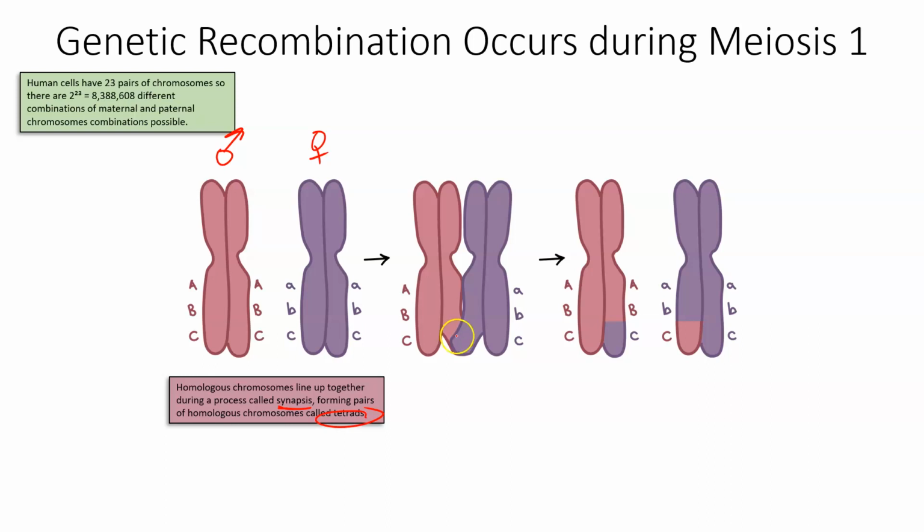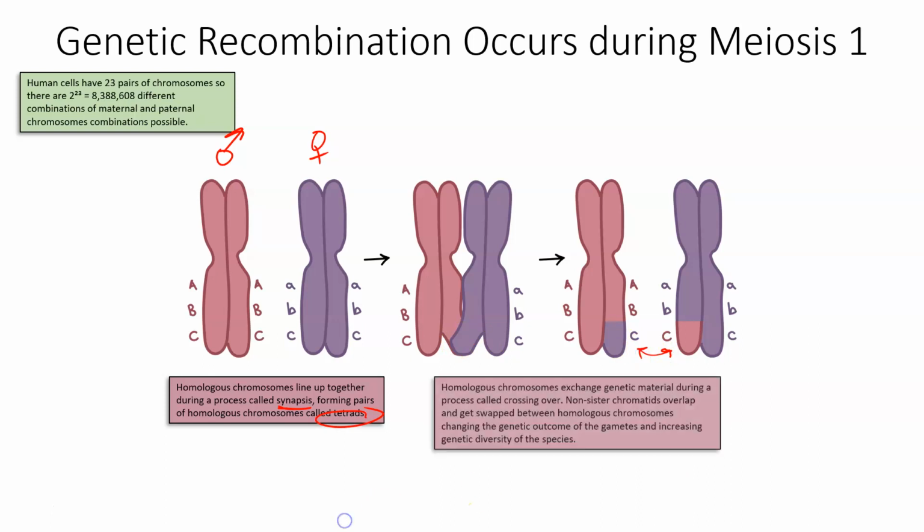Then they overlap their inside arms and swap genes, which increases genetic variation. Once they exchange genetic material during crossing over, non-sister chromatids overlap and get swapped between homologous chromosomes, changing the genetic outcome of the gametes and increasing genetic diversity of the species.